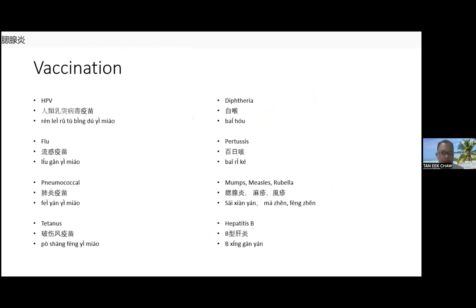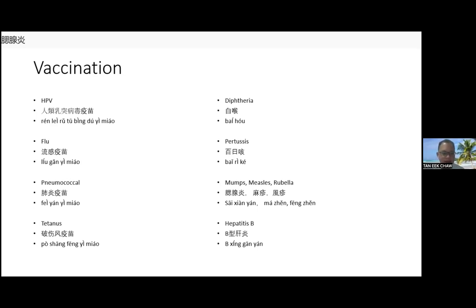Last but not least, primary care also emphasizes prevention, especially vaccination, and the government also subsidizes most vaccinations if you are indicated. So it will be good to know the vaccinations in Chinese as well. For example, the HPV vaccine is a bit complicated to translate in Chinese.